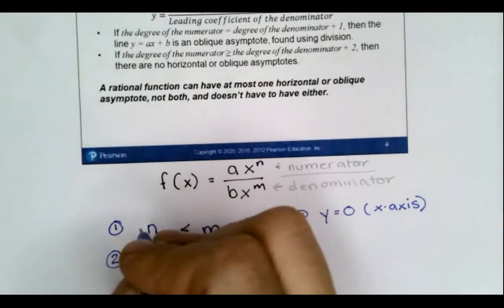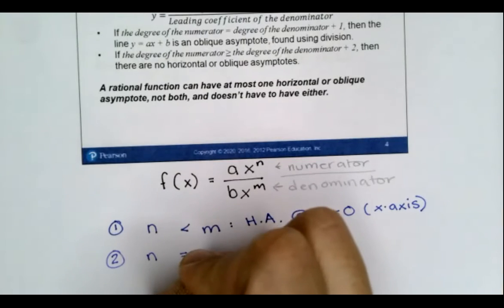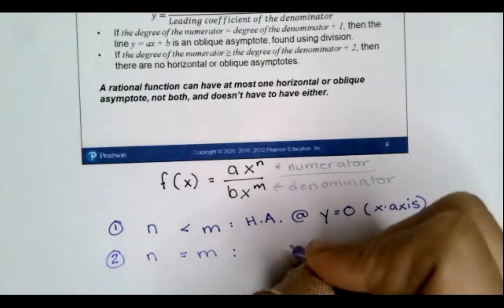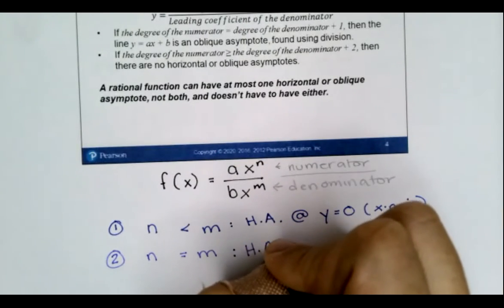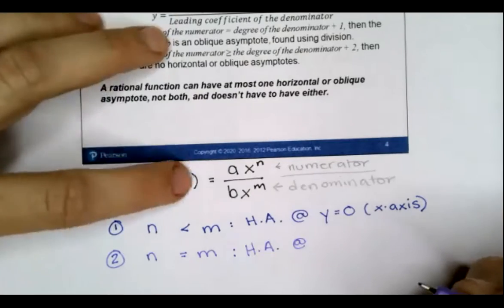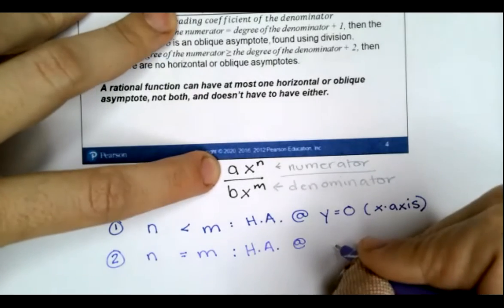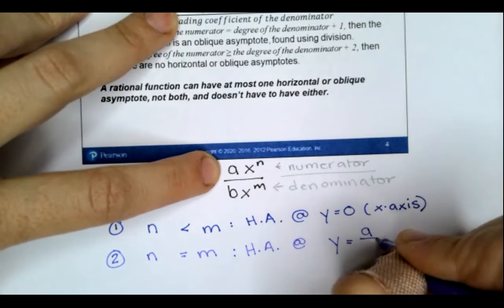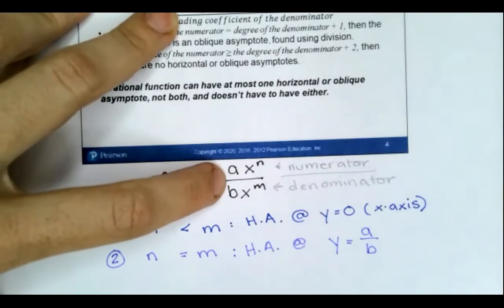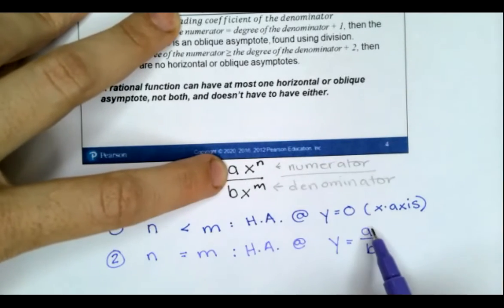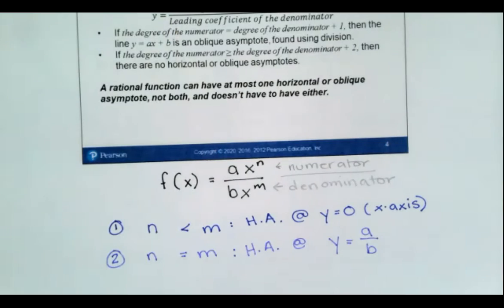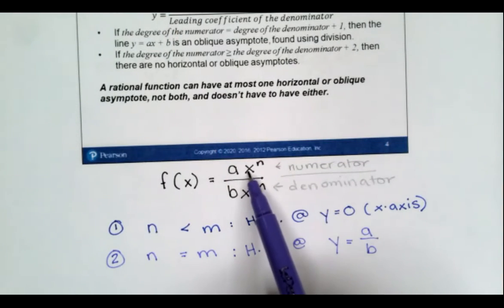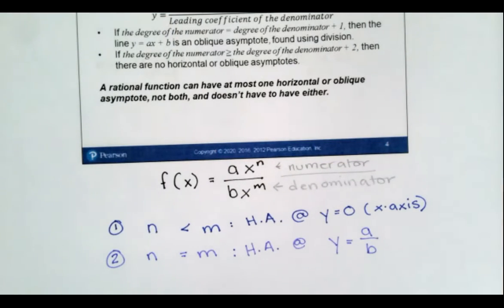So if n is the same number as m, then you have a horizontal asymptote at y equals a over b. Take this number, put it here, take this number, put it here. Remember, this must be in standard form. Not bad, right? That makes sense.